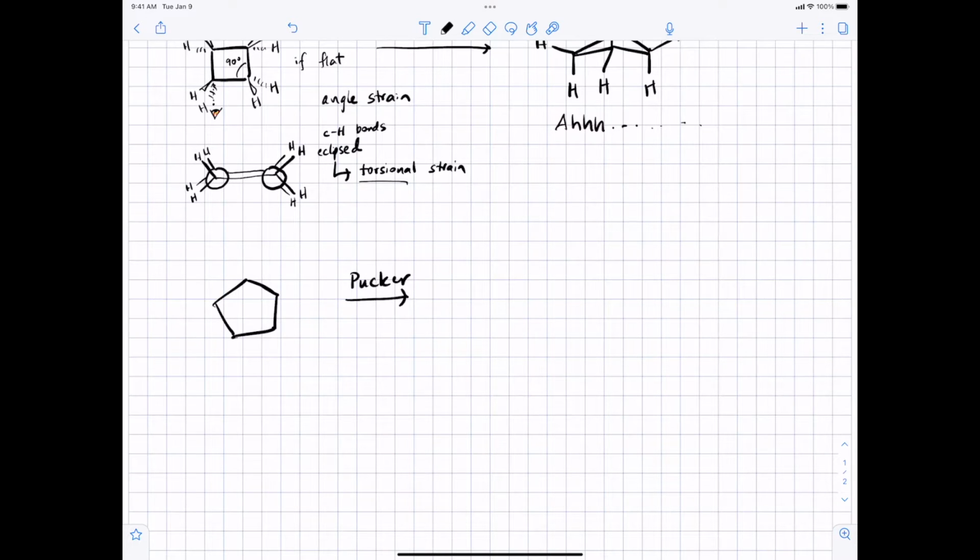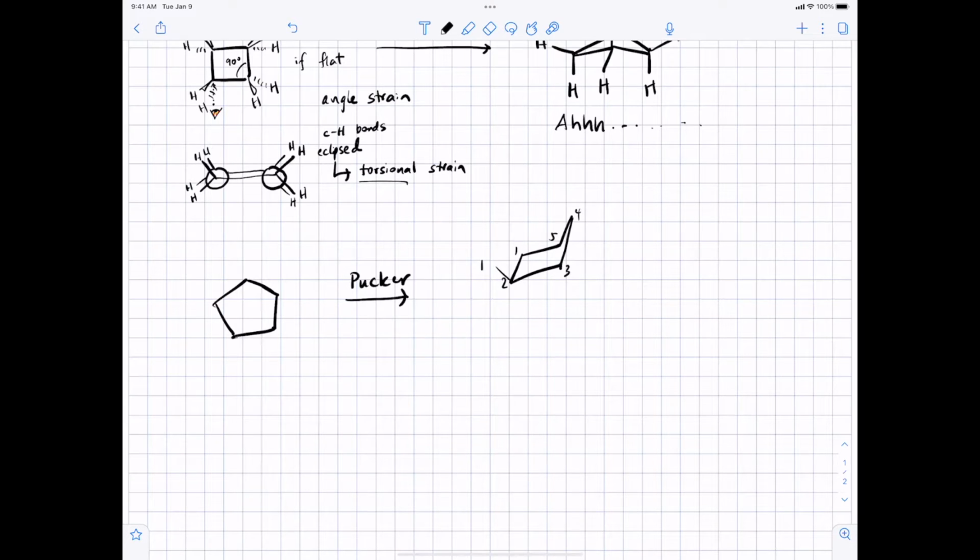You could leave 4 of the atoms all in the same plane and then bring the 5th atom out of the plane. 1, 2, 3, 4, 5. This looks like a really bad chair. It's not, because there's not 6 atoms there. So yeah, you'd have 1, 2, 3, 4, and 5. 1, 2, 3, and 5 are all in the same plane, and 4 is lifted up out of the plane.